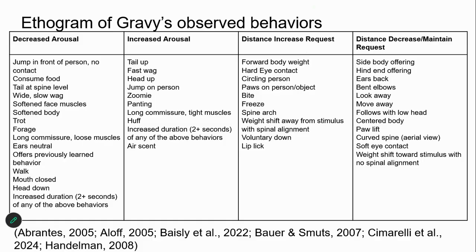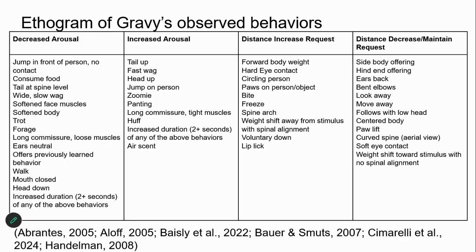However, Gravy, in some contexts, will shift his body weight towards something, and it's actually a distance decrease request. What I found with him is if he is weight forward with his spine stick straight and he's facing you, that is a distance increase request. If his weight is shifted forward, but there's no spinal alignment, he's got a nice loose curve to his spine, and this is really funny, I'm talking with my hands even though I don't have video on, but here we are.